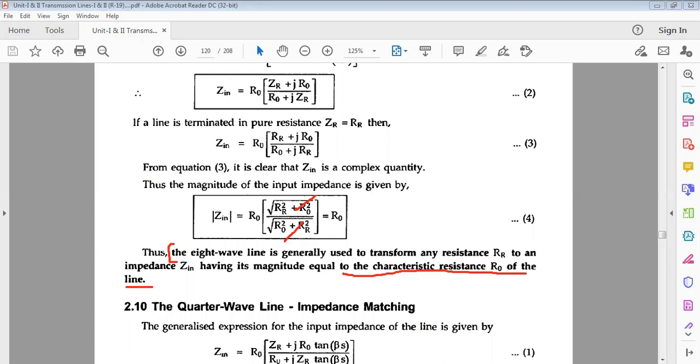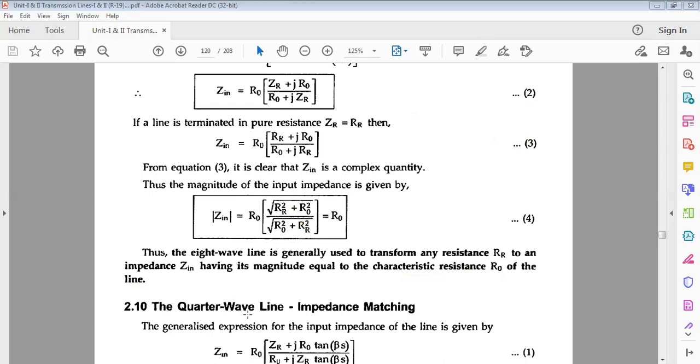Finally, the magnitude of the input impedance Zin is equal to R0, the characteristic resistance of that line.